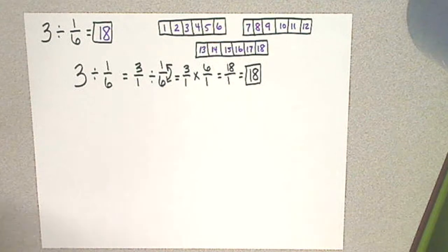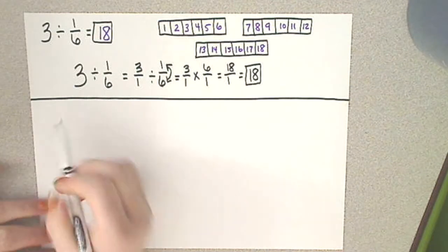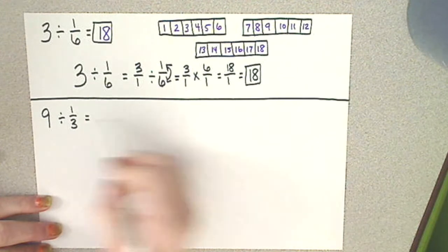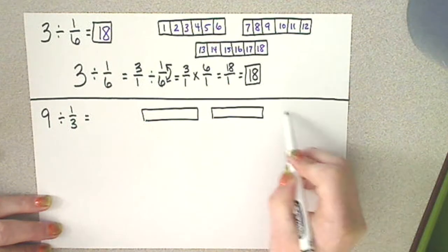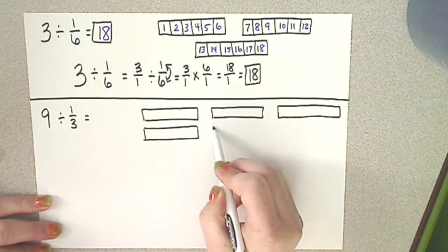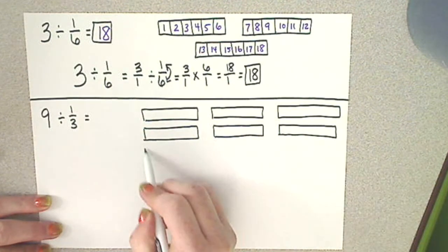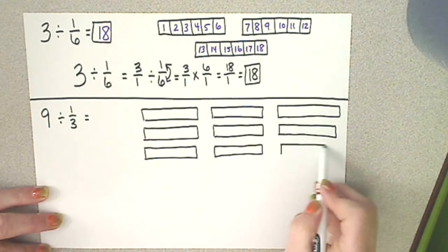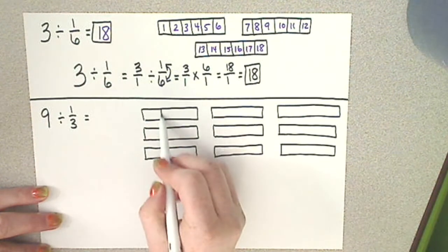All right, and last example for this morning is going to be 9 divided by 1/3. So 1, 2, 3, 4, 5, 6, 7, 8, 9. And I'm splitting each of these wholes into 3 pieces.